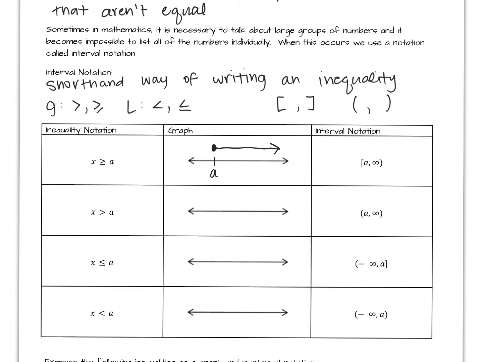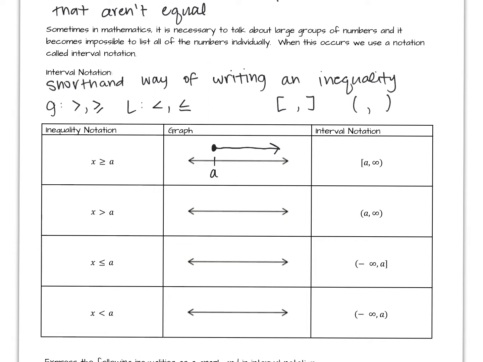A bracket indicates that the value we're greater than or equal to can be a solution. Infinity will always have a parenthesis because infinity is a concept, not an actual number; it just indicates that any bigger number works.